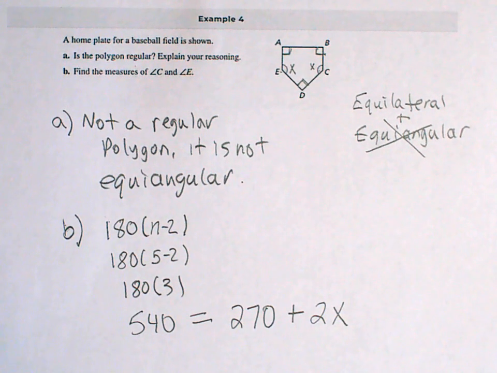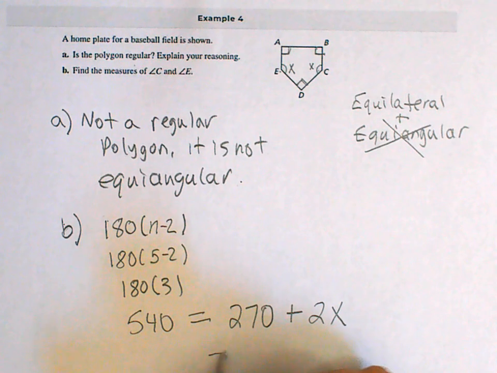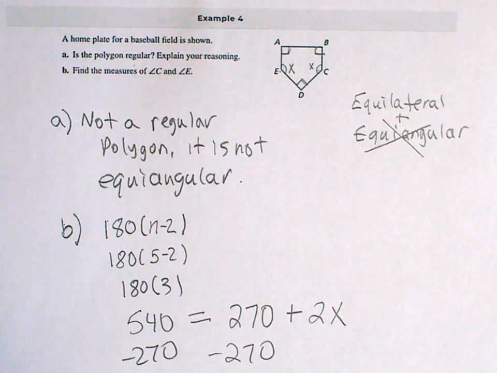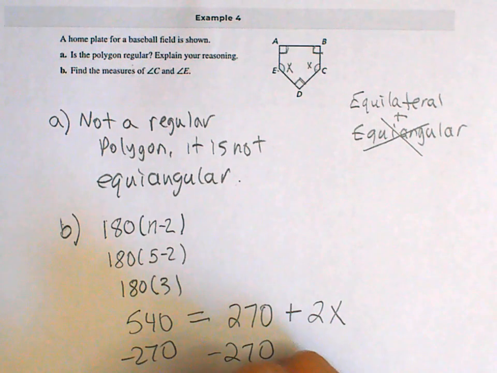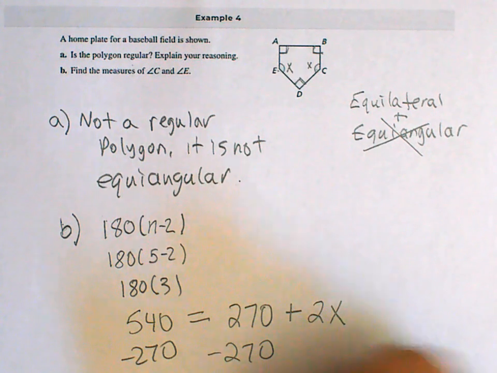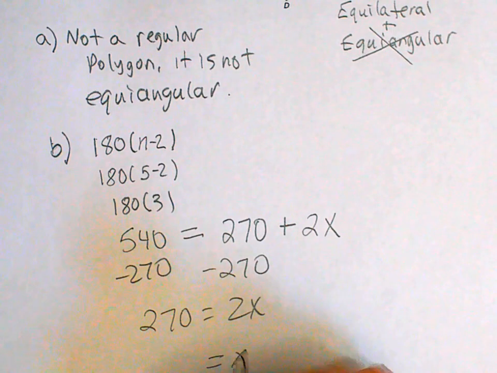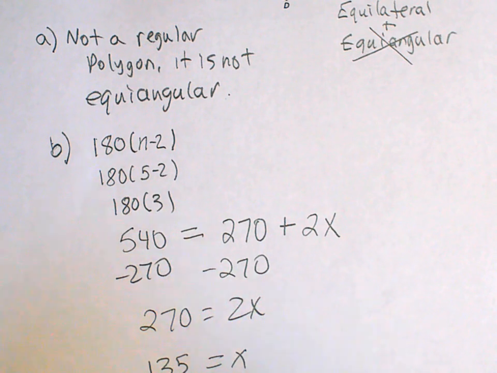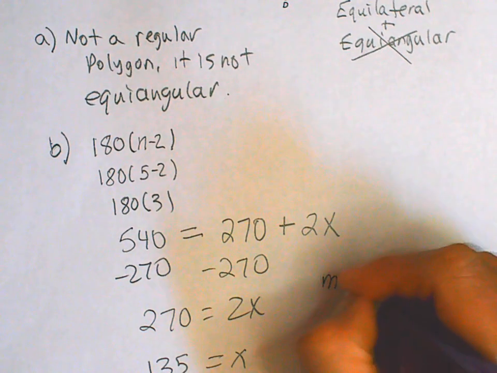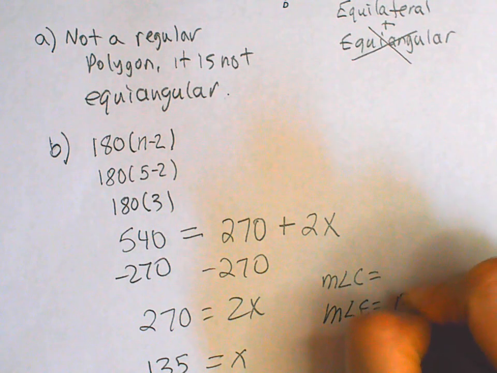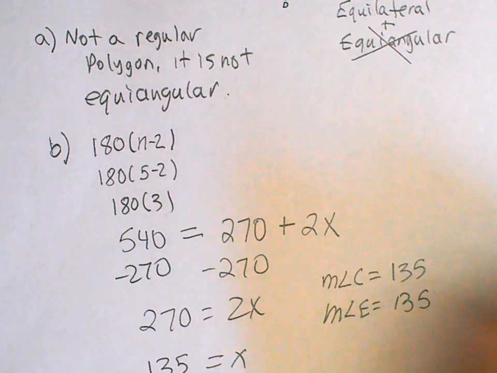So 270, you subtract from both sides and get 540 minus 270, which gives you 270 again. You divide both sides by 2, and that gives you x equal to 135. So both the measure of angle C and the measure of angle E equal 135 degrees.